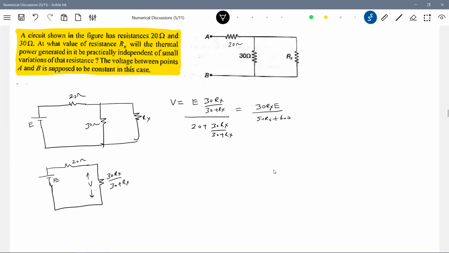So now what is the power dissipated? Thermal power is generated in Rx. P should be equal to voltage squared by Rx.